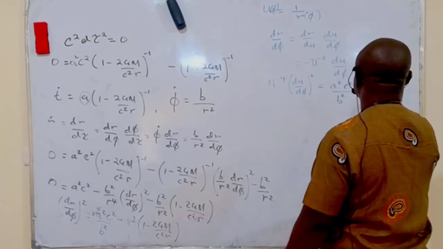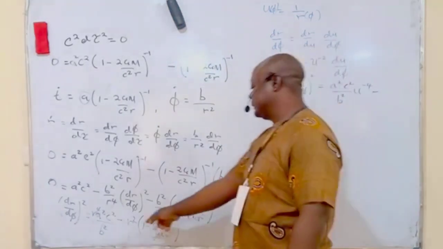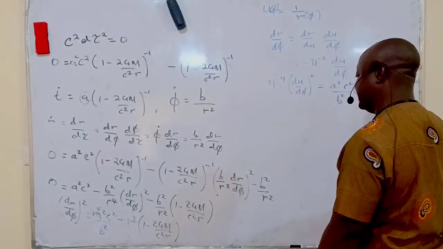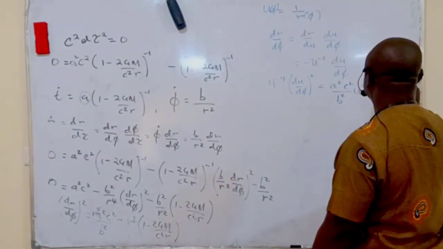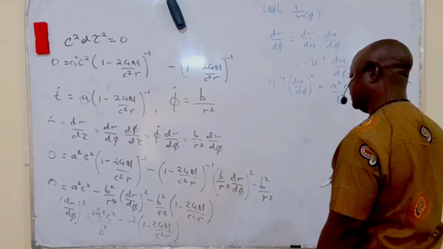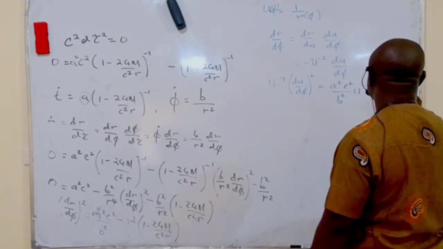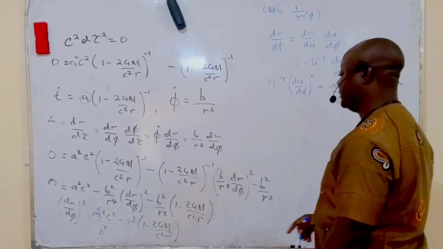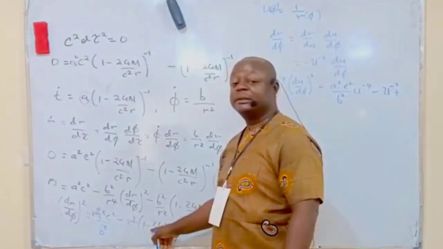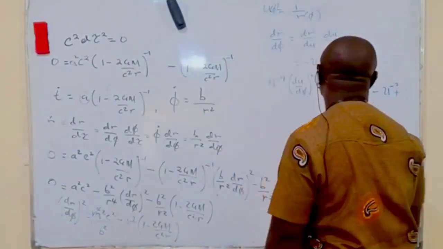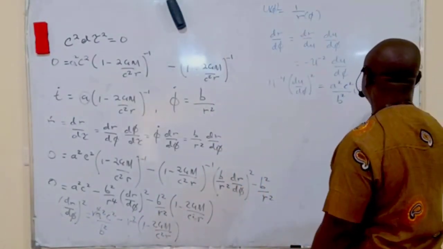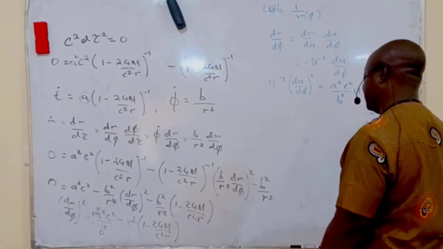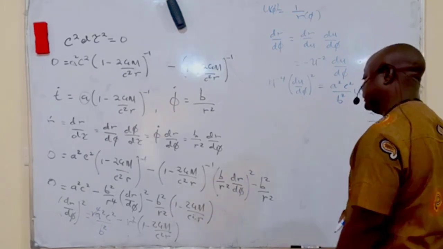Minus, if I expand this, I'm going to have u to the power minus 2. Plus, so there's minus here, there's minus here, so I have plus 2 gm over c squared.